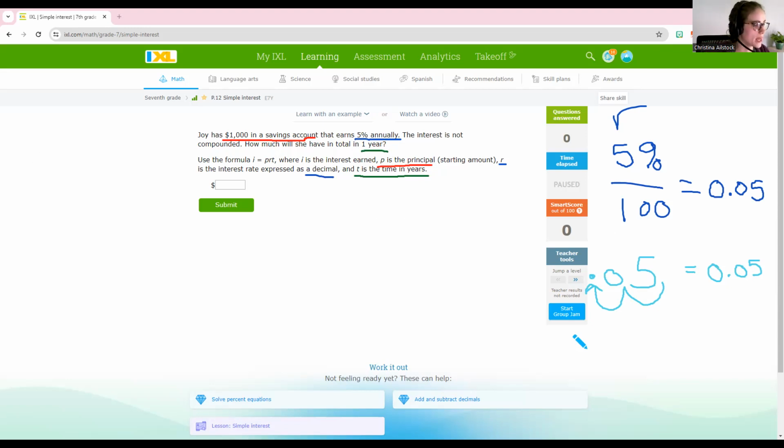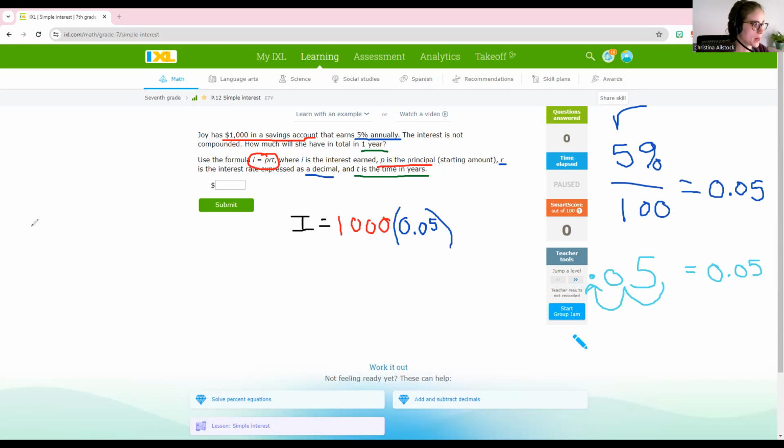All right, let's go ahead and solve our problem here because we want to find that interest. It stays a variable. And then our formula says we need our P, the principal. That was $1,000. And then we multiply that by our rate as a decimal. So that was 5%, but as a decimal, it's 0.05.